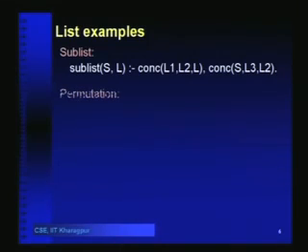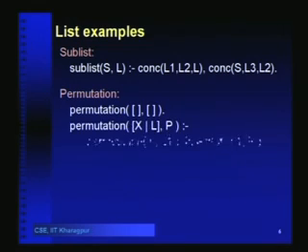Let us look at permutation. Our objective is to check whether one list is a permutation of another. So the permutation of the empty list is the empty list, and then observe this one. Now let us see what the second rule is telling us.